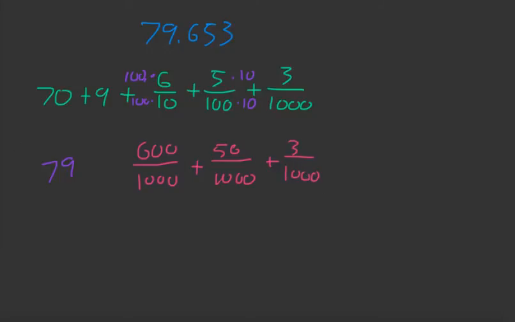And then when we add them together, we're going to get what? We're going to get 600 plus 50 plus 3, so that's 653 all over 1,000. All right, and then we bring down that 79, so that is the answer, 79 and 653 thousandths, okay? So that is the answer right there.